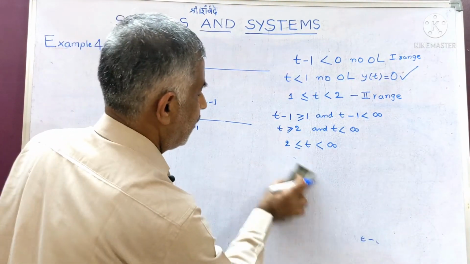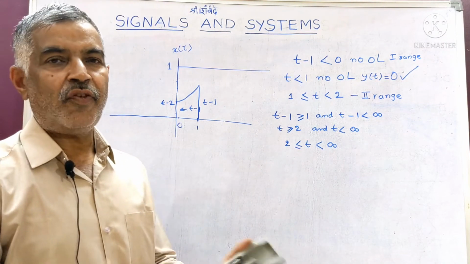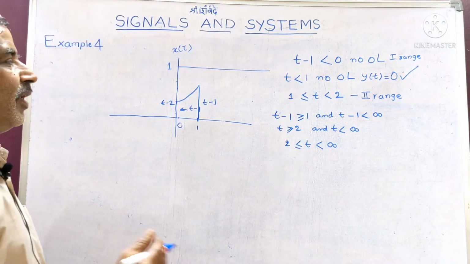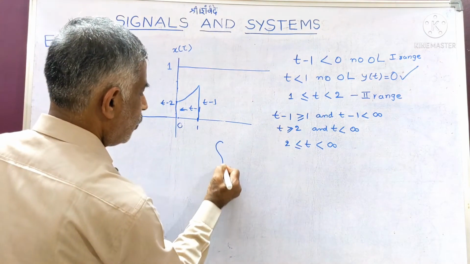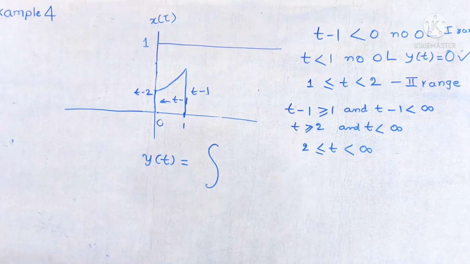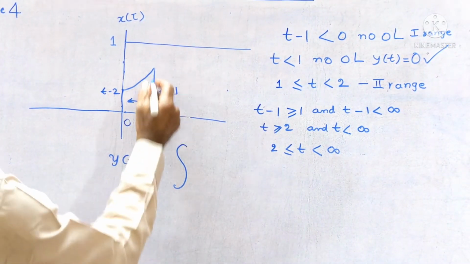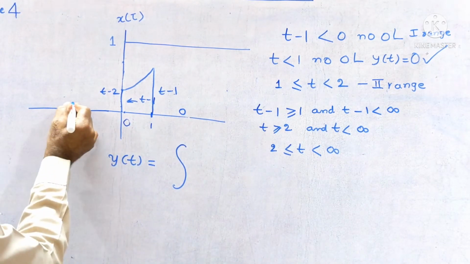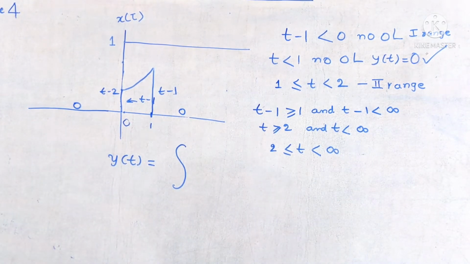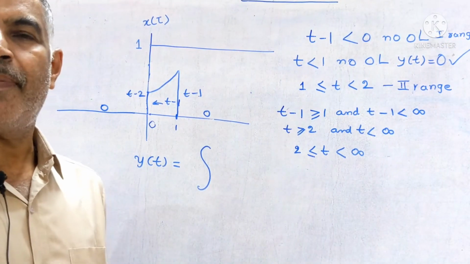Now the mathematical form we know, but what should we write for the lower limit and upper limit of the integration? So y of t is equal to, now this is the advancing waveform. Here its value is 0. Here also its value is 0. So which portion of the waveform is contributing to the overlapping?